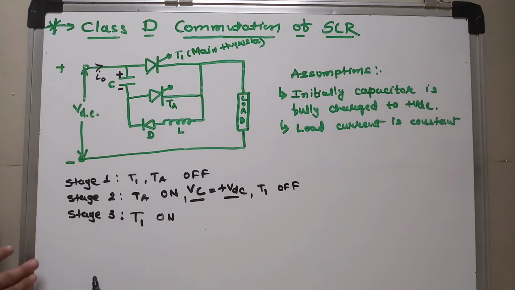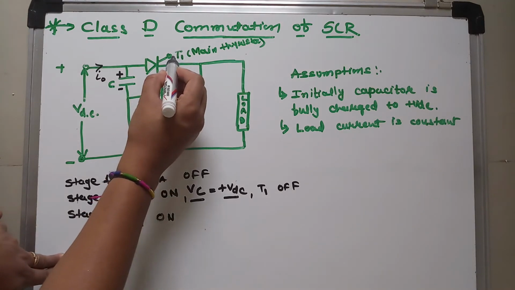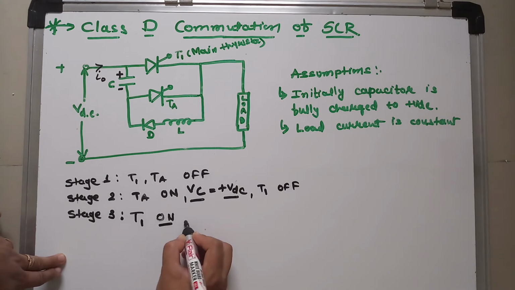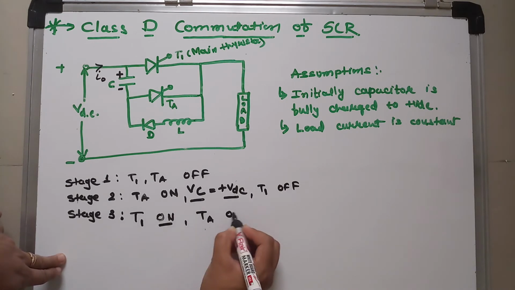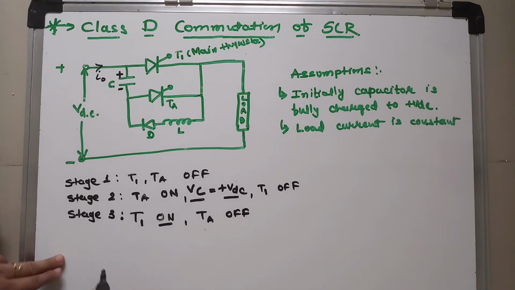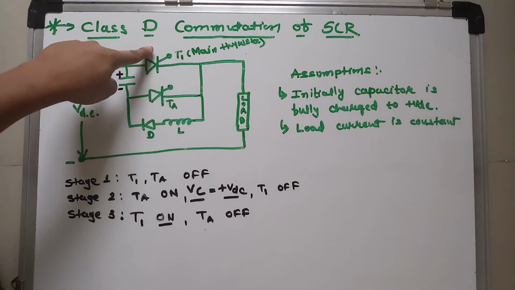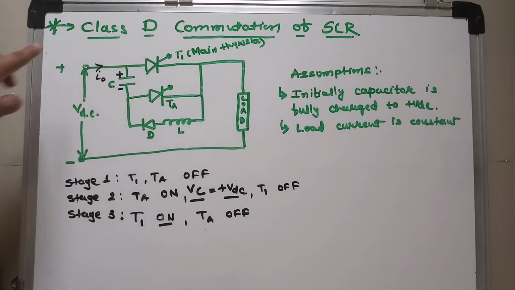Now in stage number 3, T1 is turned on by applying a gate pulse, and TA is already off.